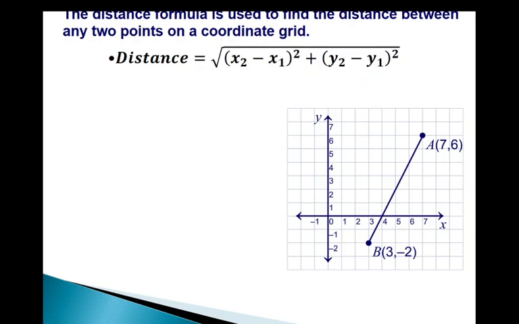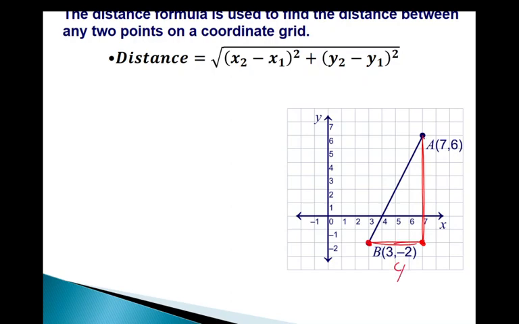Now, they came up with the distance equation, which is basically nothing more than the Pythagorean theorem. So if we think about this as a triangle, this distance from here to here is 4.